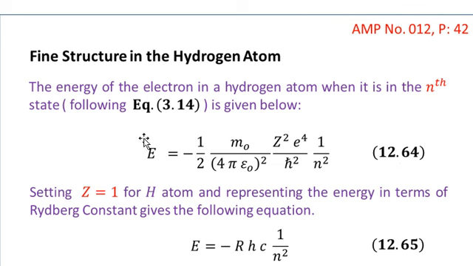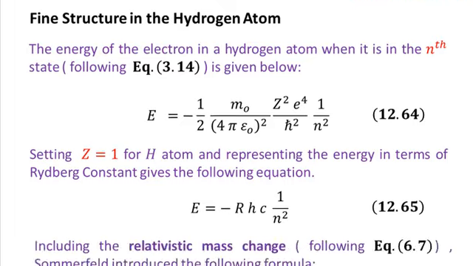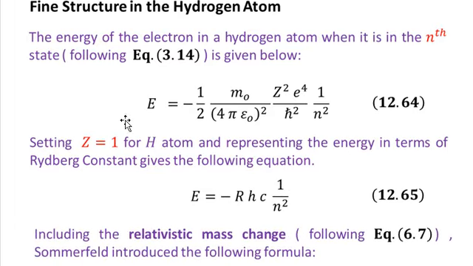We know that the energy of the electron in a hydrogen atom depends upon these parameters. Only the principal quantum number n is responsible for the splitting of this energy. There are no other constants or quantum numbers responsible for the splitting of this energy.